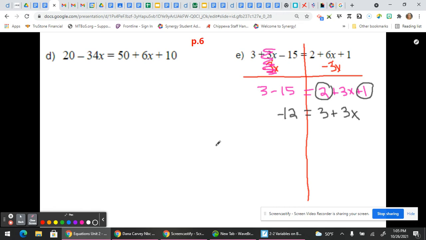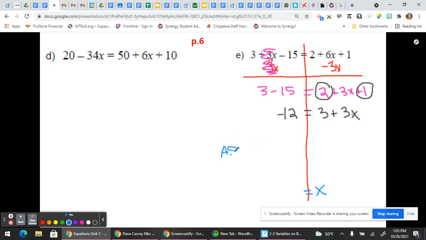So I want to get the x all by itself. To do that, I'm going to reverse PEMDAS, and I see that over here on the right, I have my x, so ultimately I'm going to have x equals by itself. I've got a times 3, and I'm adding 3. So reversing PEMDAS, I start with adding and subtracting first.